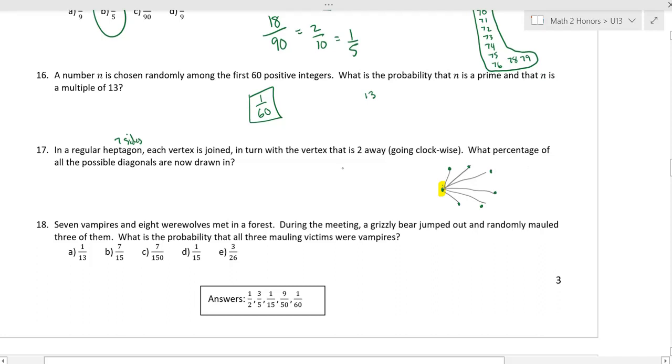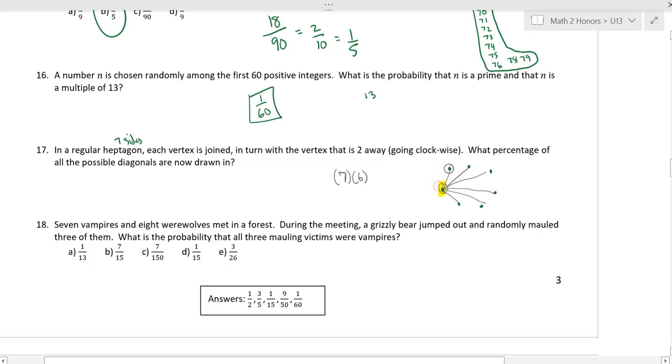So again, there's 7 vertices. Each of those 7 vertices has 6 different connecting points. But each segment uses two vertices.